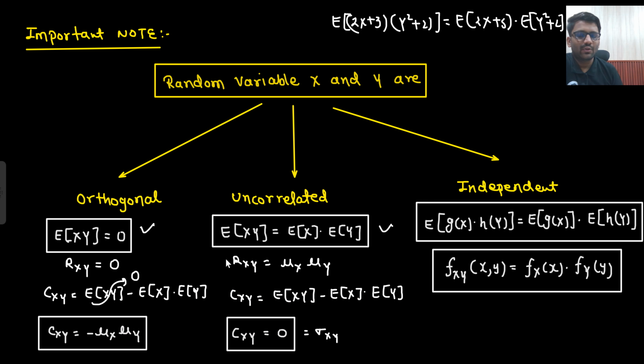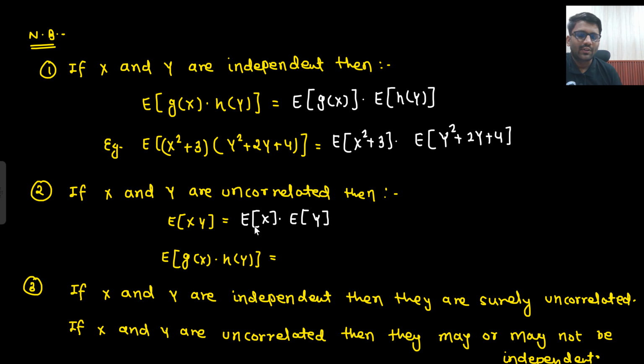So don't care much about correlation. We will care about covariance, not correlation. So covariance is 0 here, which you can write down from here very easily. But here you cannot say that if x and y are uncorrelated, this would be surely equal.